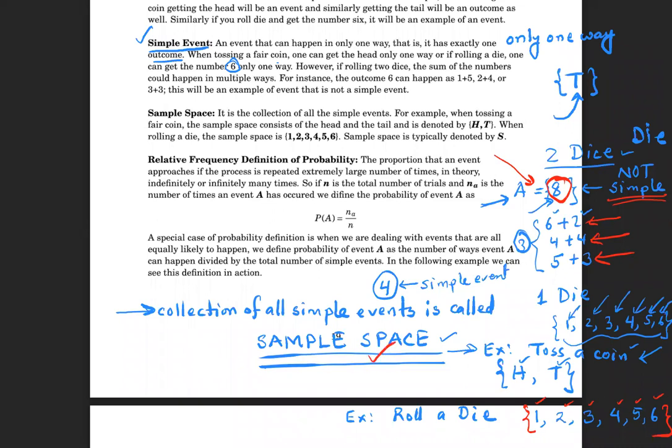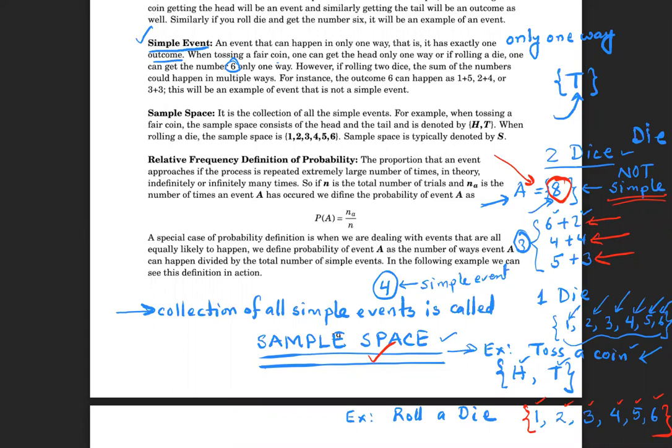In a trial or experiment, the collection of all the simple events makes the sample space.